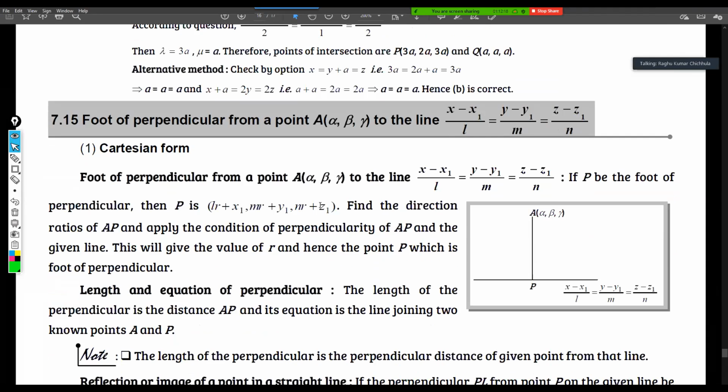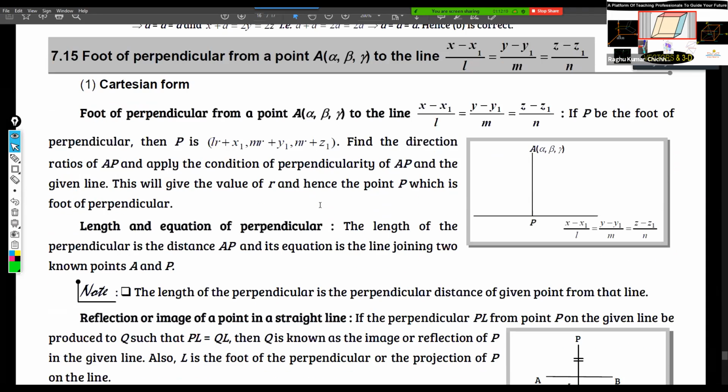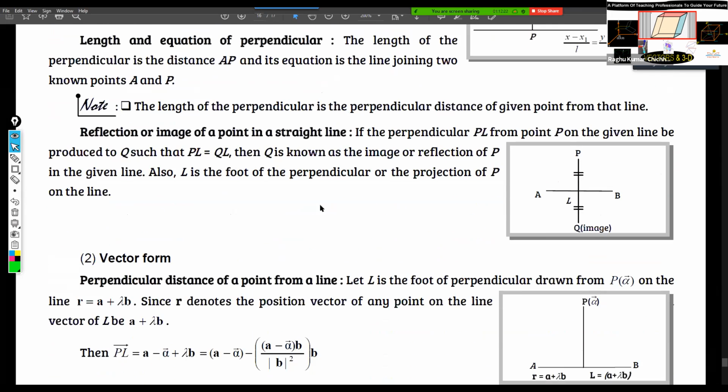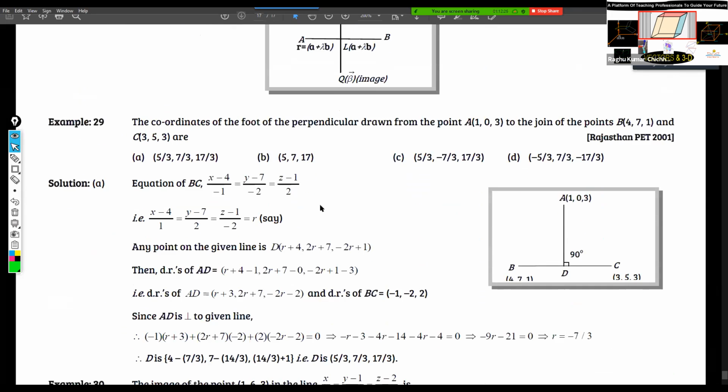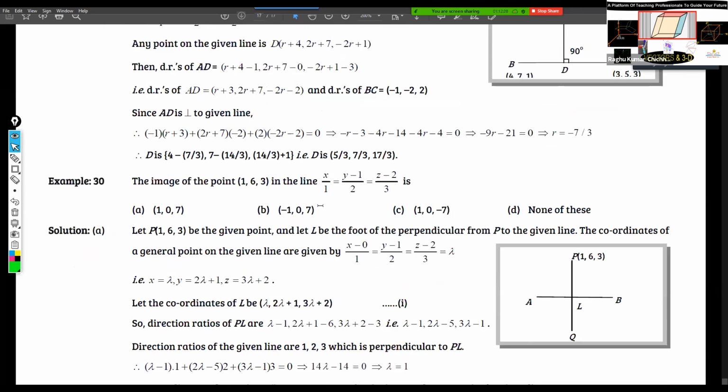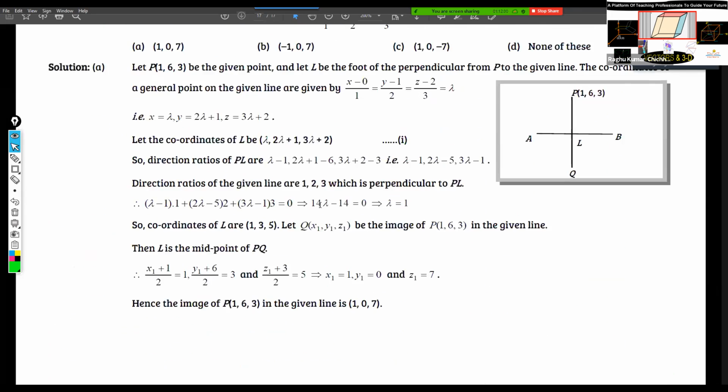Foot of the perpendicular on a line, and reflection or image can be easily understood, and in the objectives you can cross verify them from the options given. We'll complete this in the next session.